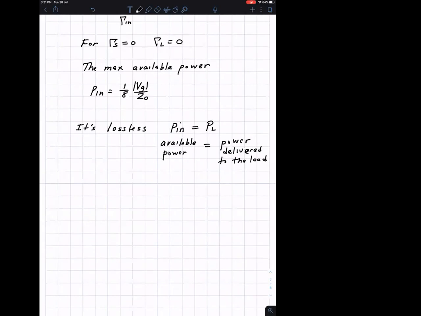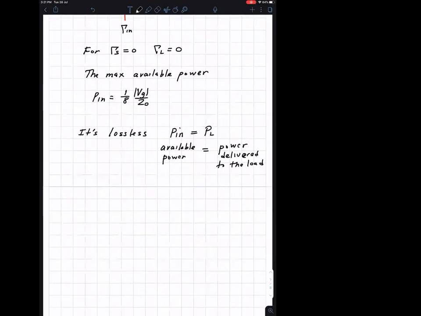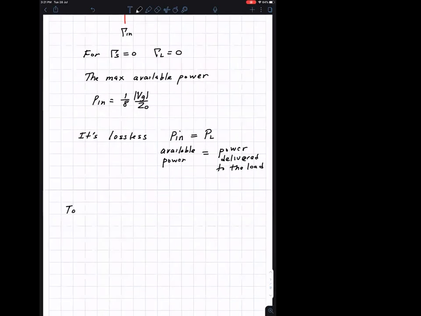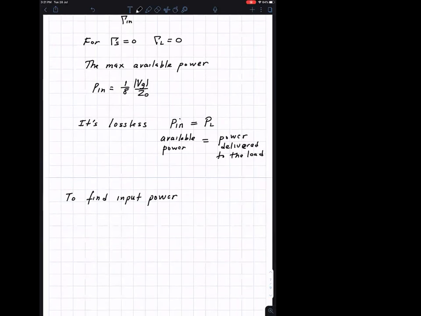To find input power, we use this formula that I obtained from Ludwig.